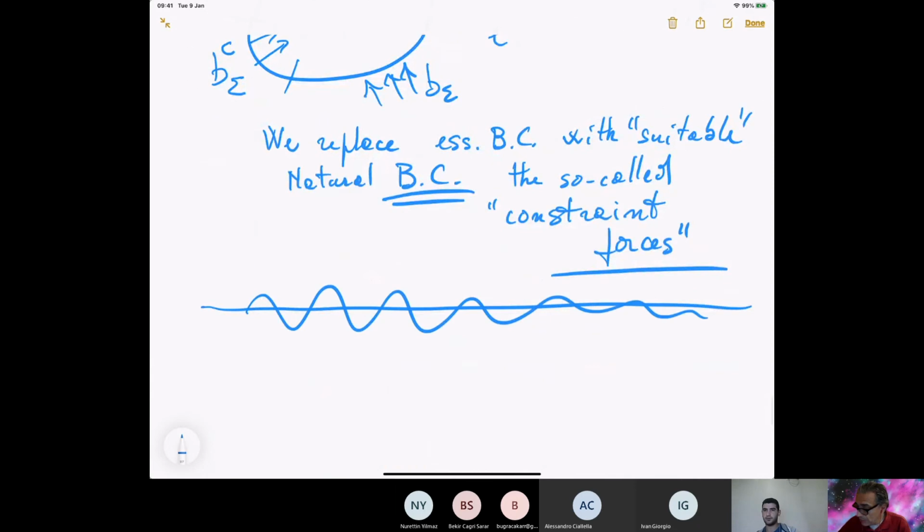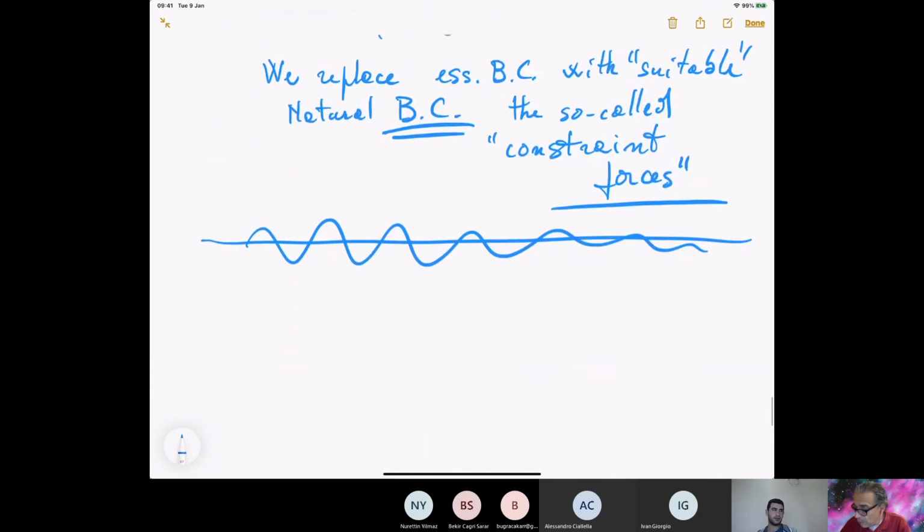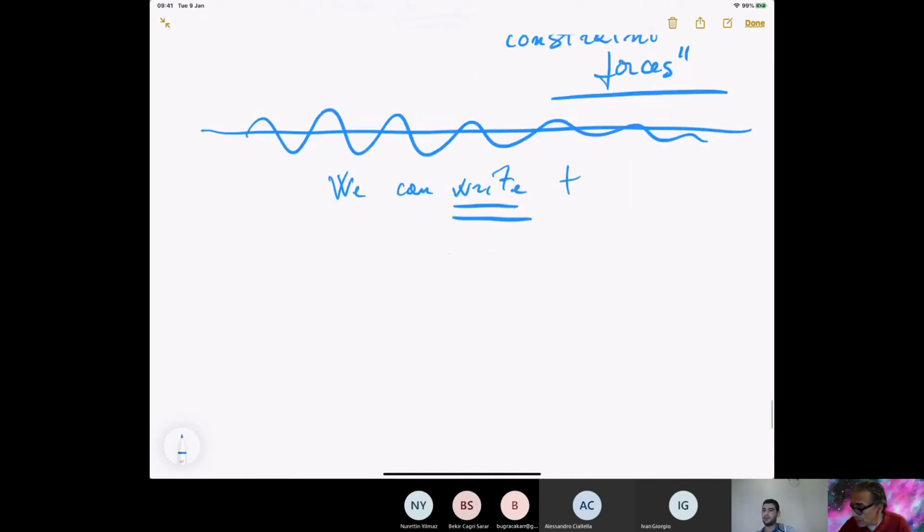So we can write, if we accept this lemma, the equilibrium equations as follows.